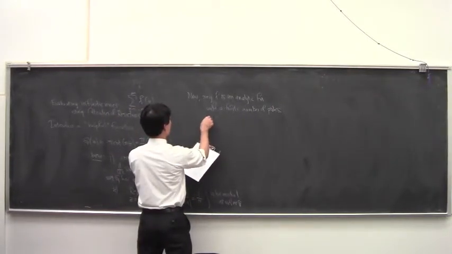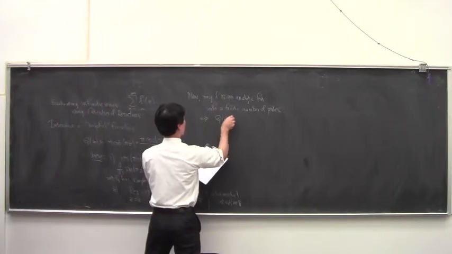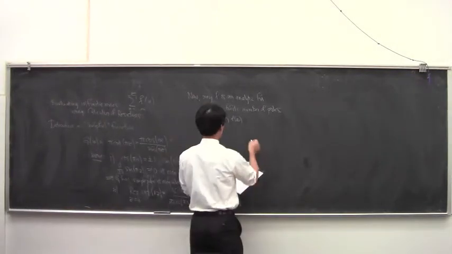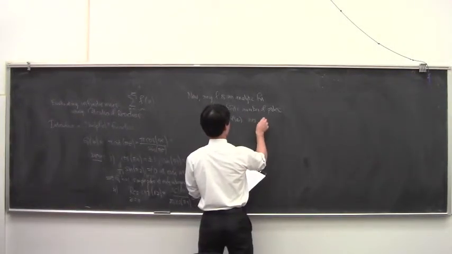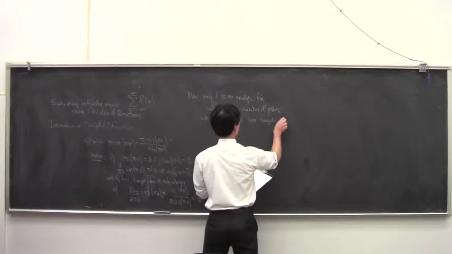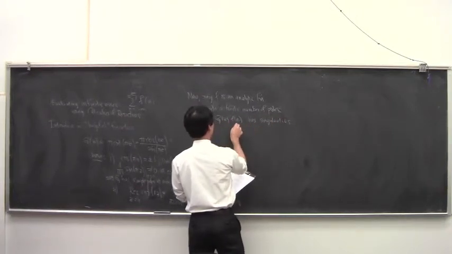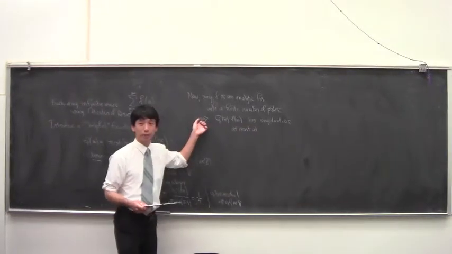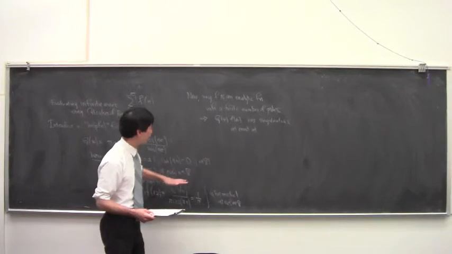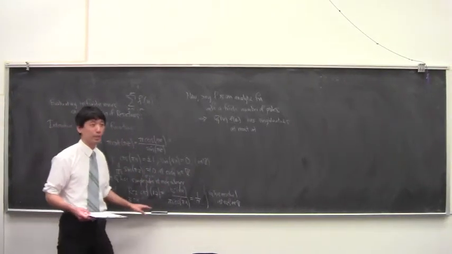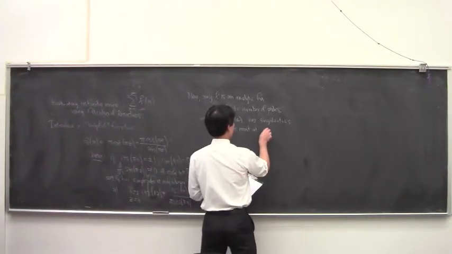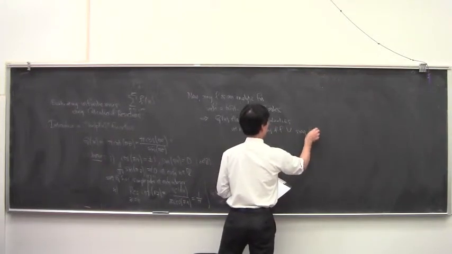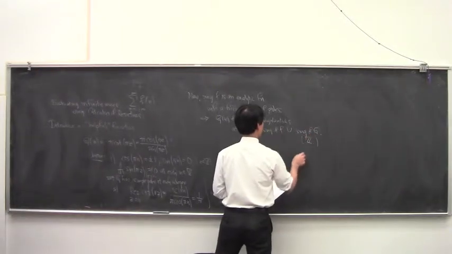Then, if we look at the product G times F, it has singularities at most at the singularities of F union the singularities of G, which is the integers.